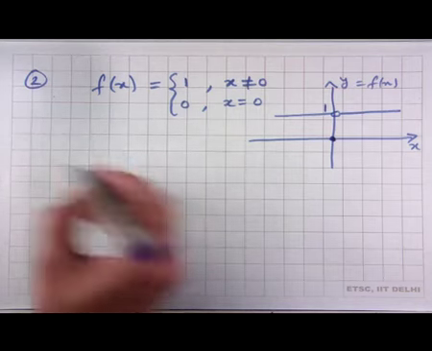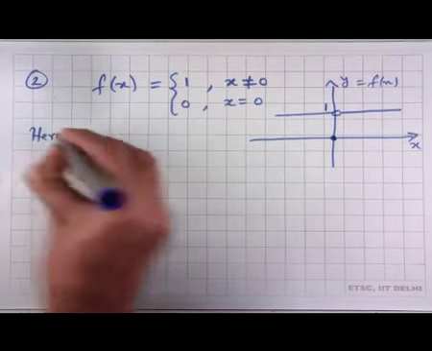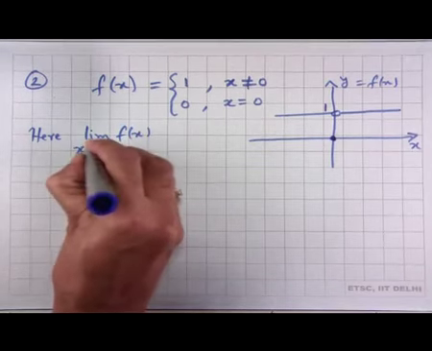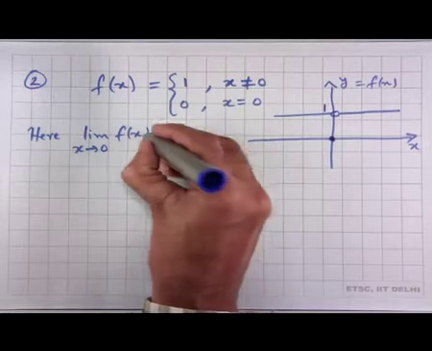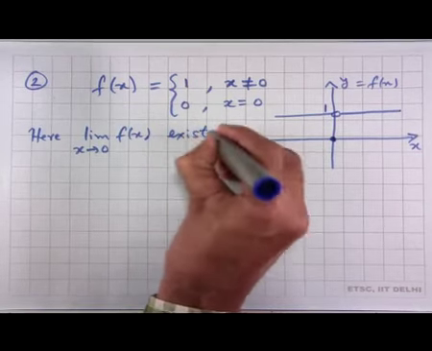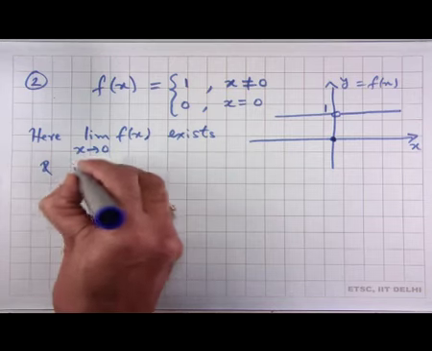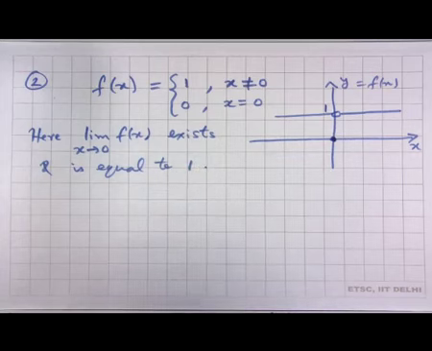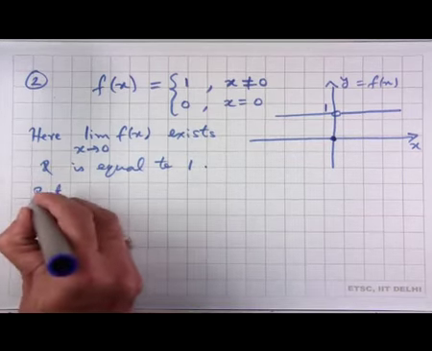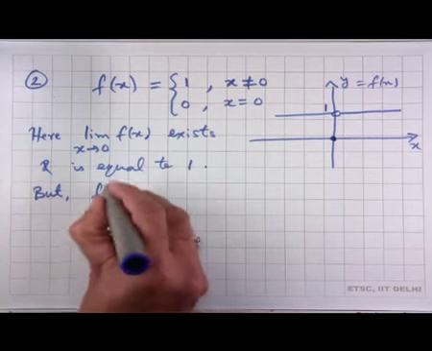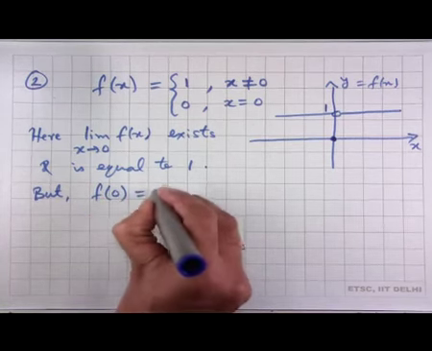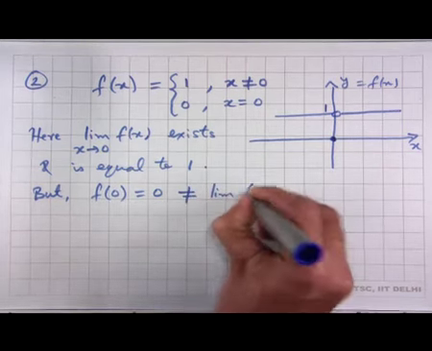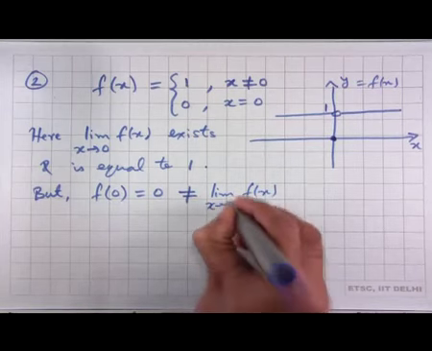In this case, if you see here, the limit of f of x as x approaches 0 exists and is equal to 1, but the value of the function at 0 is given to be equal to 0, which is not equal to the limit of f of x as x approaches 0.